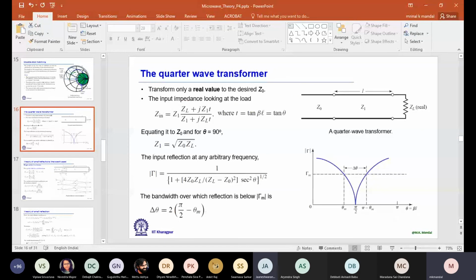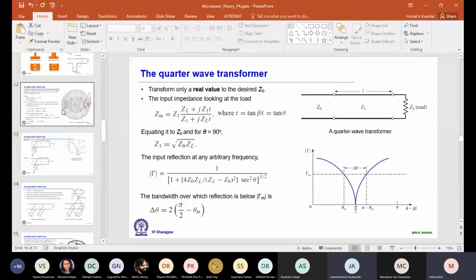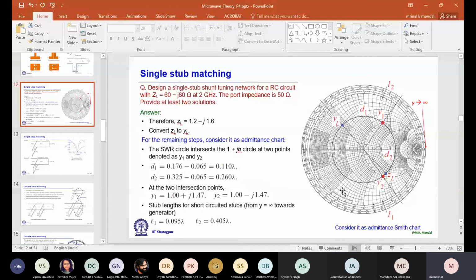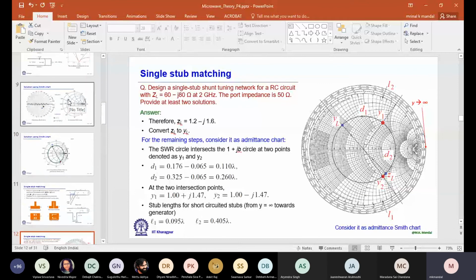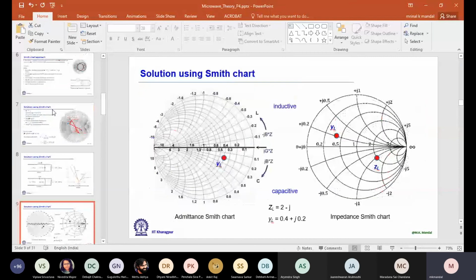Sir, in that case, if we had to consider the constant reactance circle, then what would we consider? Yeah, so here we are dealing only with an admittance problem. If you want to solve with both impedance and admittance, it is better you use last day's approach, how we did it here.